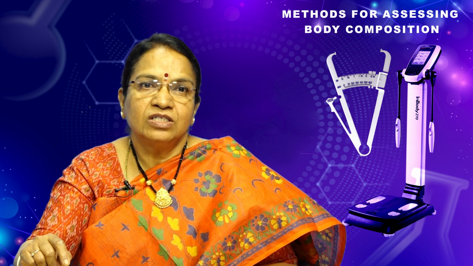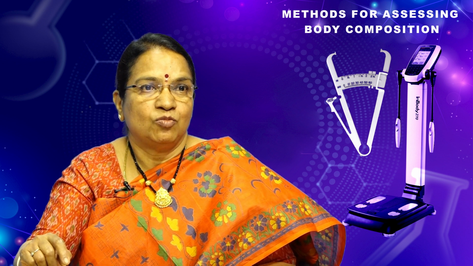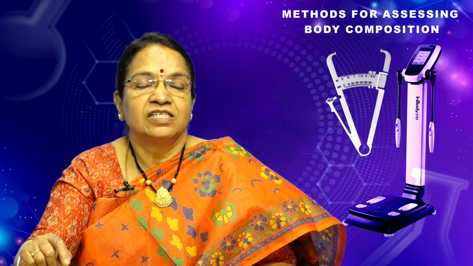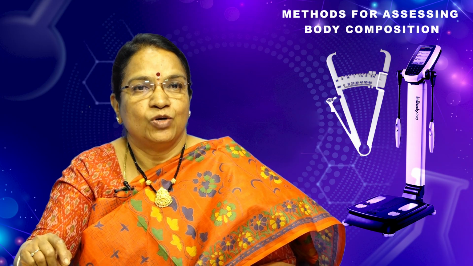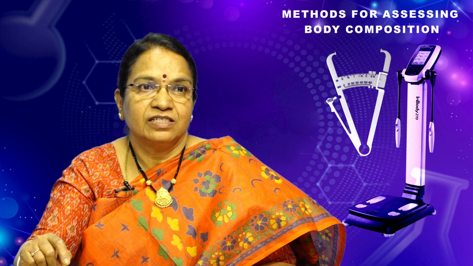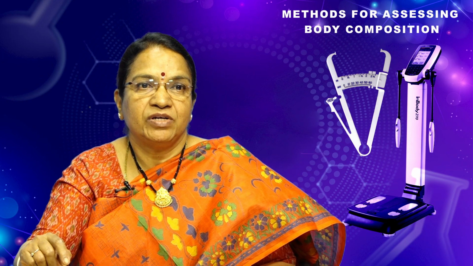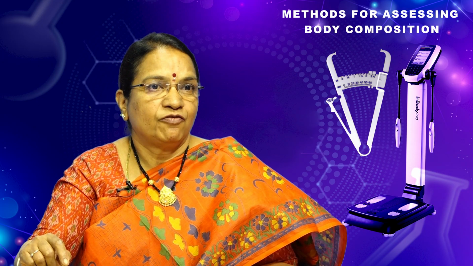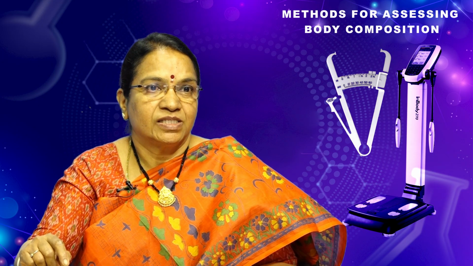Drinking water dilutes the electrolytes in the body, making it less conductive, as does increasing body fat. By controlling hydration status or performing multiple impedance measurements, it is possible to estimate body fat and other variables.